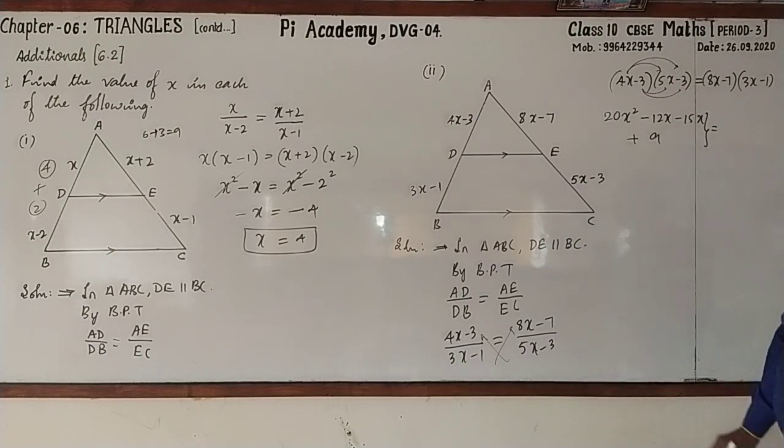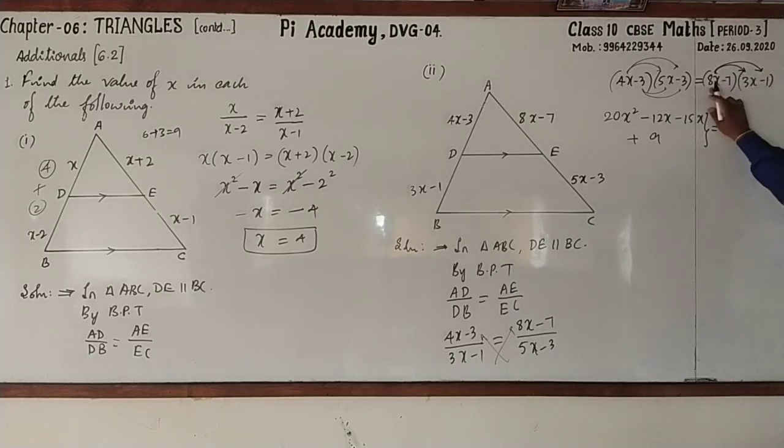It is equal to: multiply 8x with both the terms. 8x into 3x, 8 3s are 24, x square. Then 8x into minus 1, minus 8x. Next, multiply minus 7 with both the terms. Minus 7 into 3, minus 21, into x as it is. Minus into minus, plus.